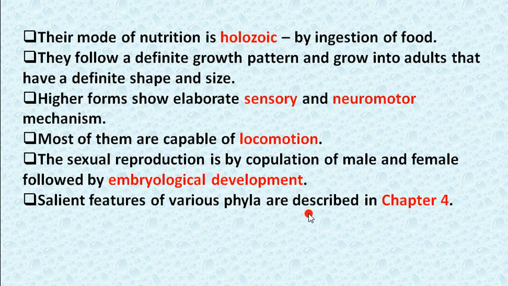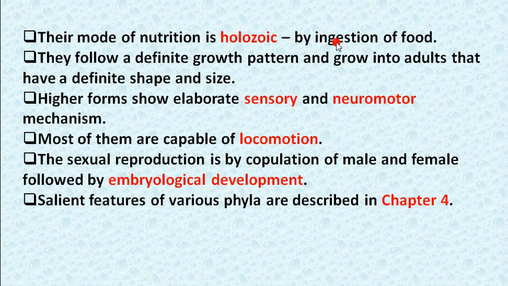Now, more on the animal kingdom: the mode of nutrition is holozoic. What do you mean by holozoic? Holozoic means the ingestion of food. They follow a definite growth pattern and grow into adults that have a definite shape and size. Holozoic here means that they ingest food. Like we take food, we have a system for it, the digestive system.